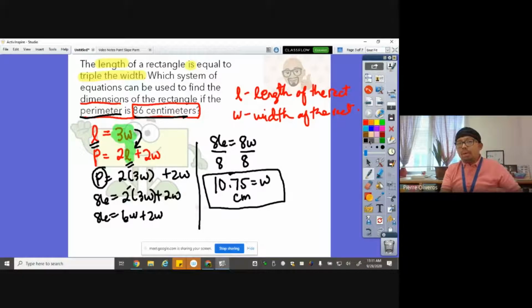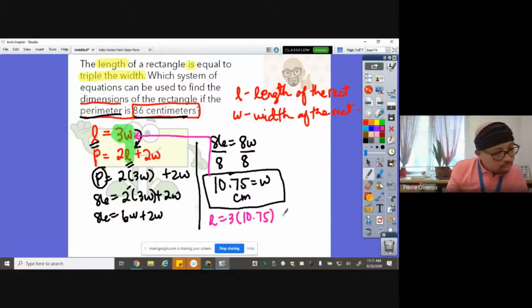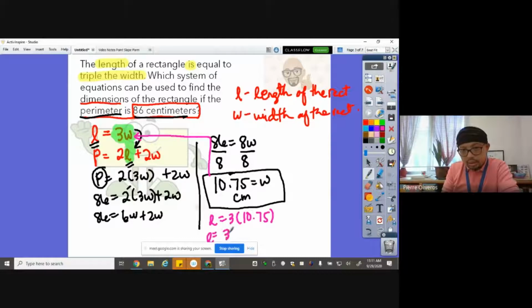While for our length, we will plug in the 10.75 right there. So length is equal to 3 times 10.75, times 3, 32. So the length here is 32.25 centimeters.